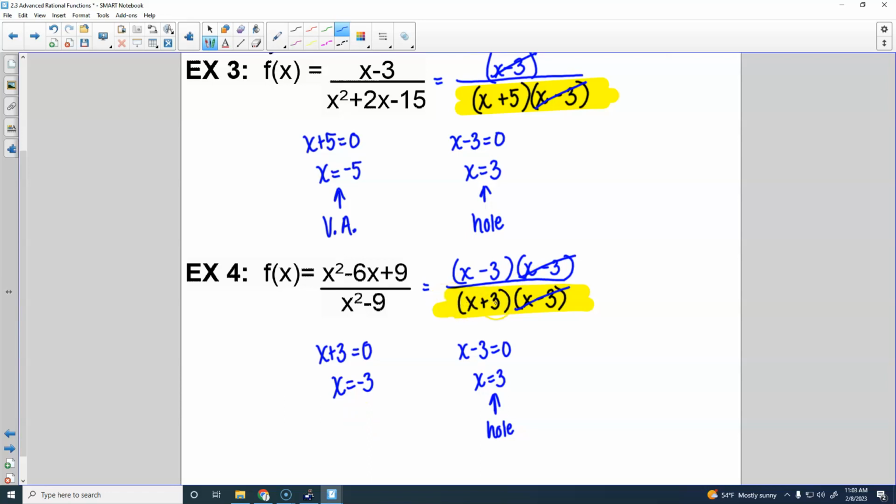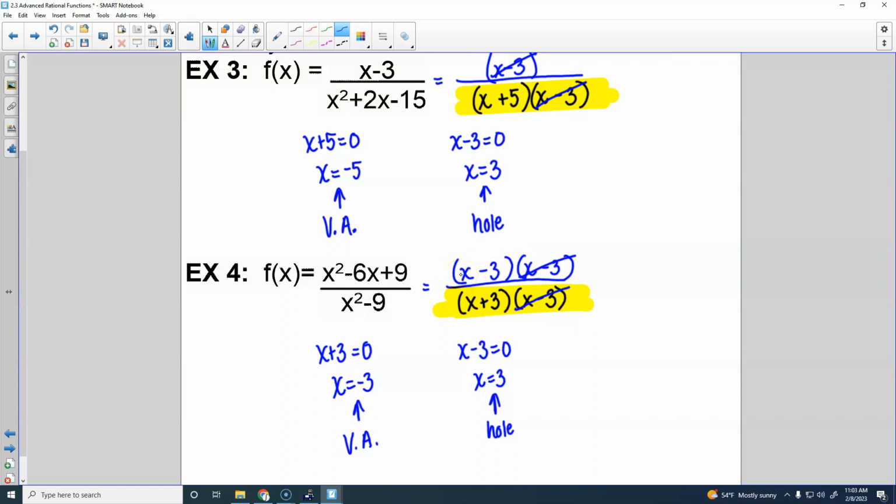Does x plus 3 cancel? It does not. It can't cancel with this. It's really close, but there's a plus here and a minus here. Those do not cancel. So this is going to be a vertical asymptote. You do not do anything with this extra factor on the top.